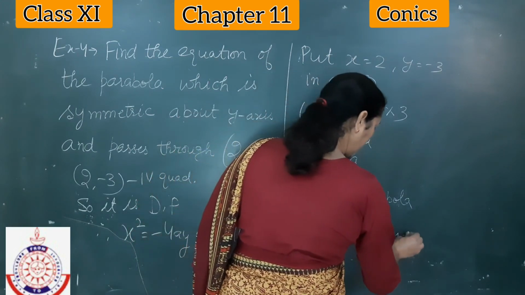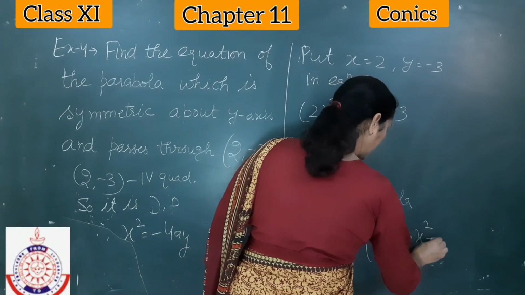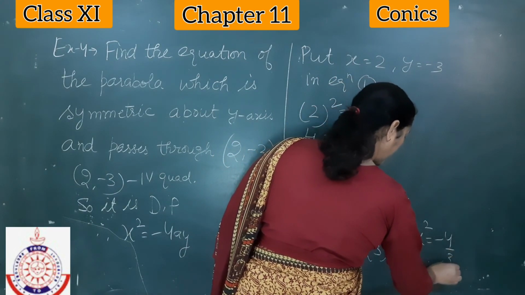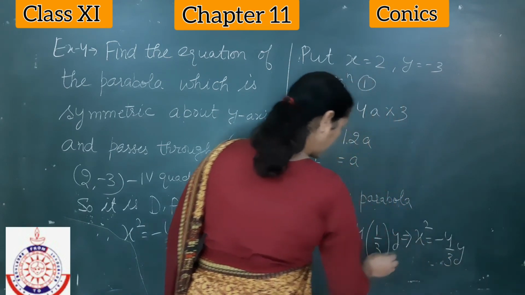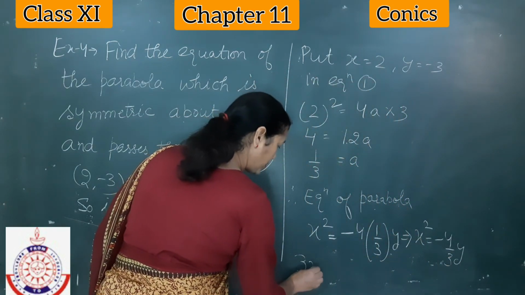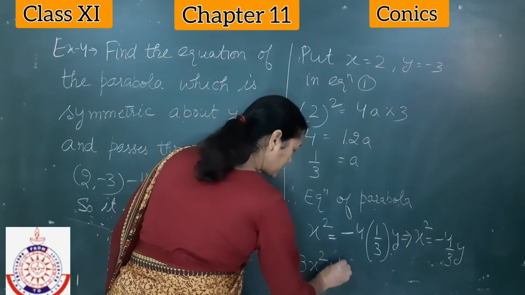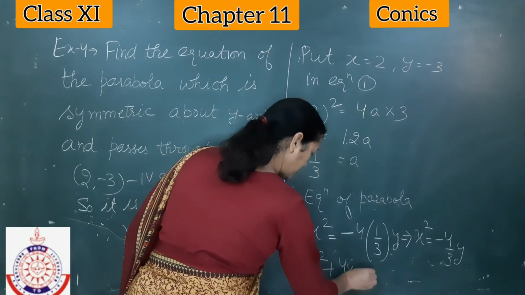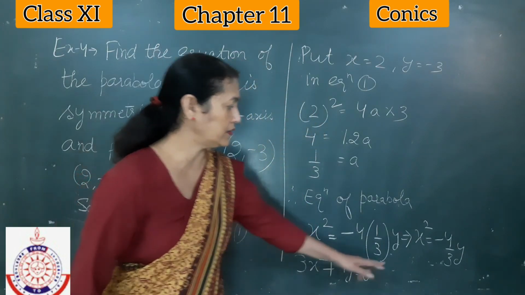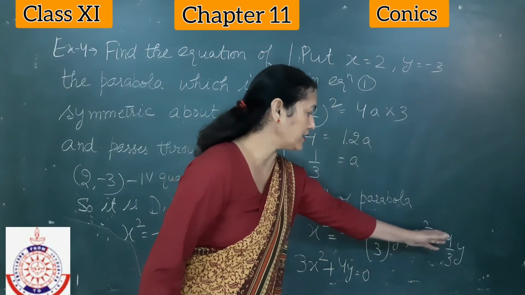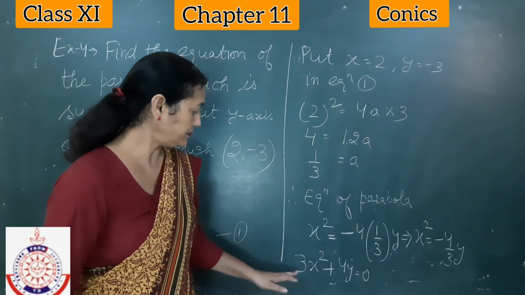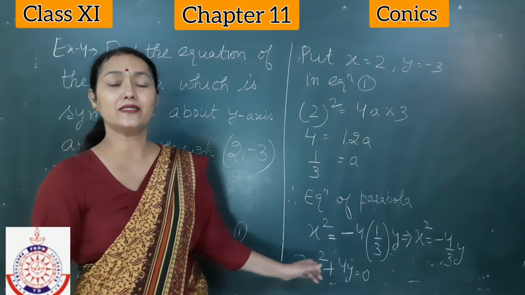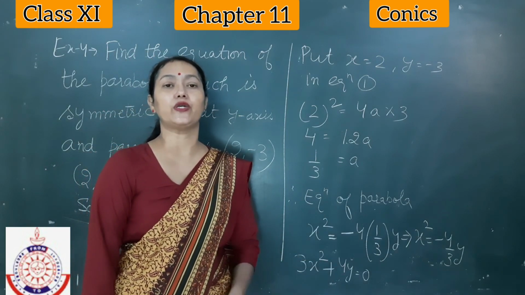So that comes out to be x square equals minus 4 upon 3 y. If we cross multiply, we will be getting 3x square plus 4y equals 0. We will be having the equation of the parabola as 3x square plus 4y equals 0.